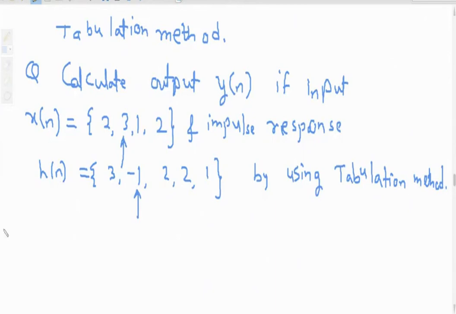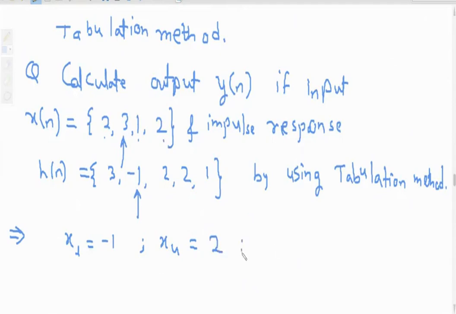So, solution. The lower limit of x of n, xl: the arrow means n equal to 0, so n equal to minus 1. So the lower limit is minus 1. The upper limit of x of n, that means xu: the arrow is at 3, then this is n equal to 1, this is n equal to 2. So the upper limit is 2.